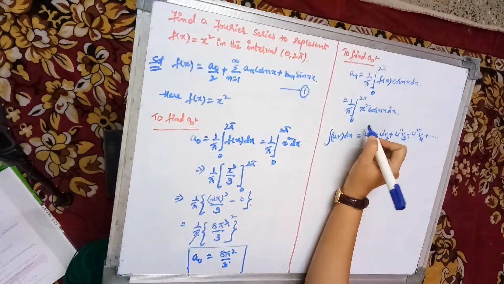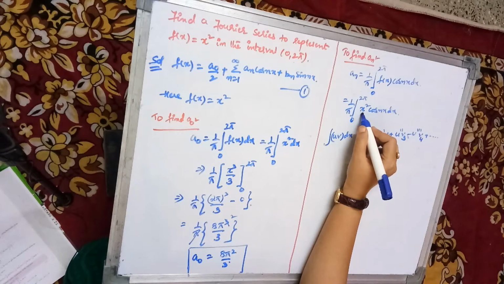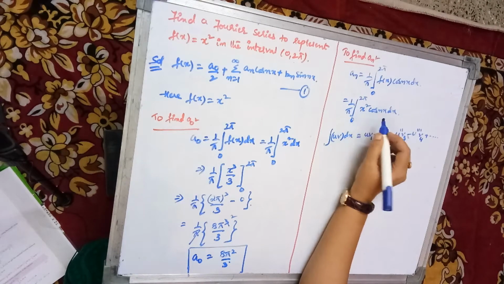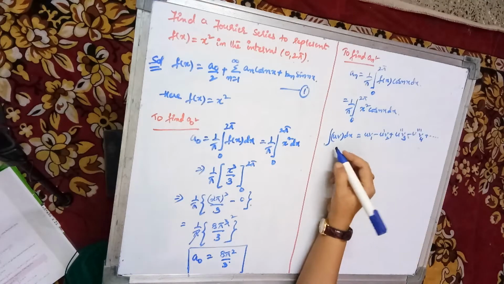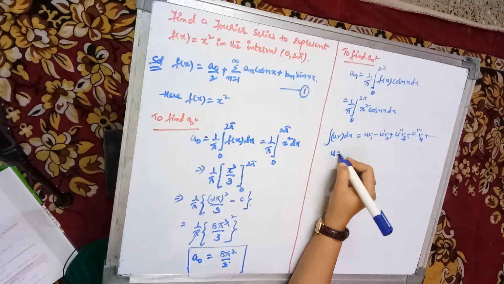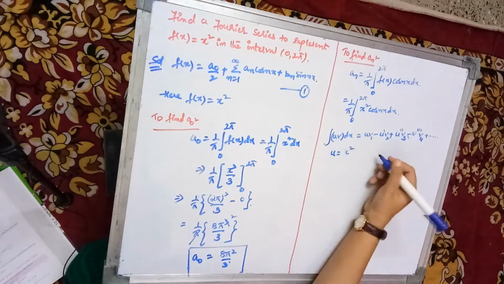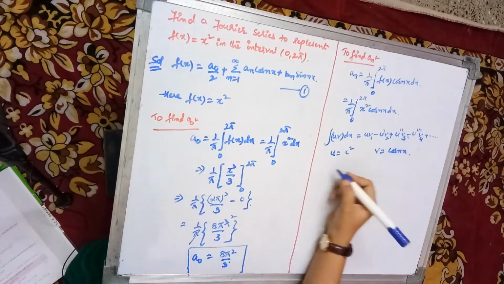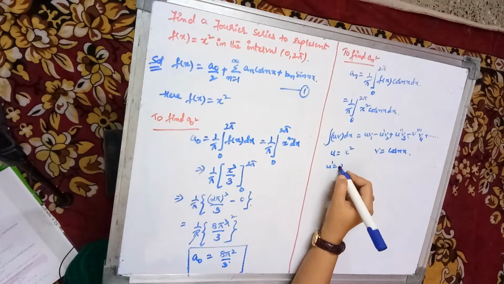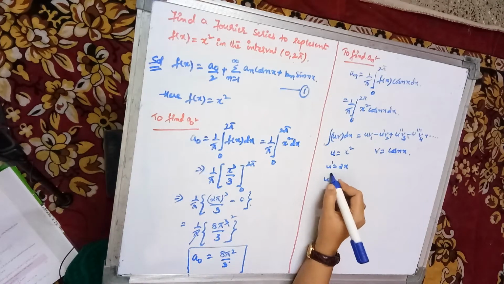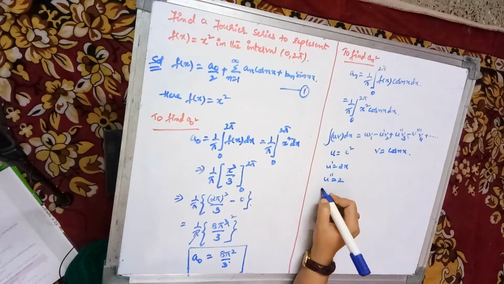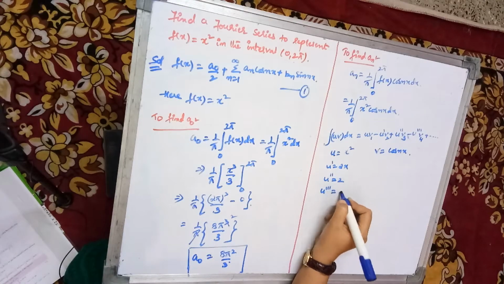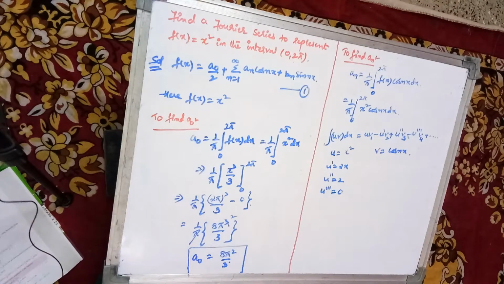And what I said is, every time you consider the function as u and your trigonometric part as v. So here we take u equal to x square and v equal to cos nx. u dash is equal to 2x, u double dash is equal to 2, u triple dash is equal to 0. What you are doing is differentiation.